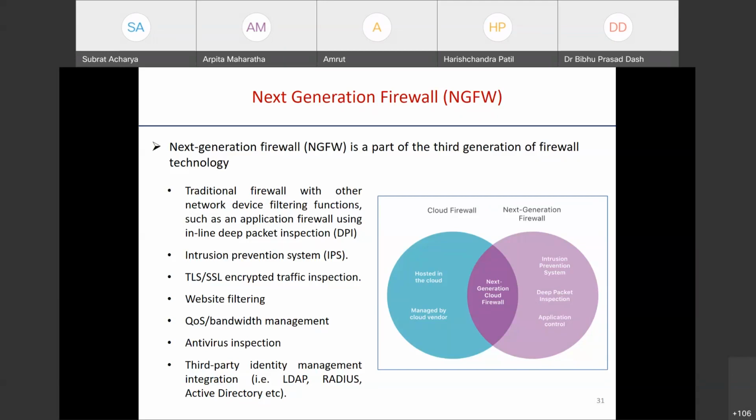Earlier, only a single firewall would be used, but now we have multiple networks. What are the rules we have to create for different networks can be properly saved in this. And then antivirus, as we know, the firewall nowadays has antivirus protection also, and authentication, like Active Directory or LDAP management also. So all these features, combined together, are considered as next generation firewall.